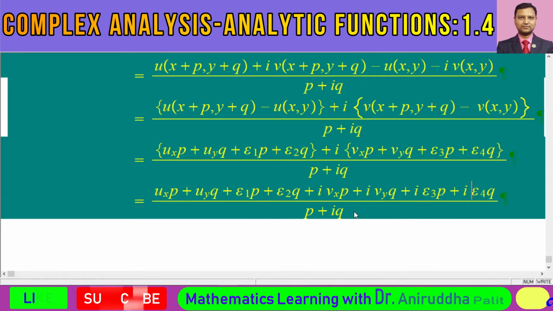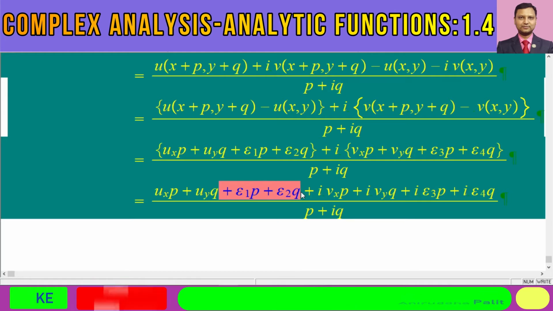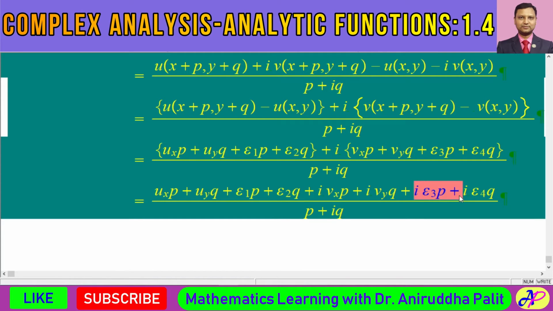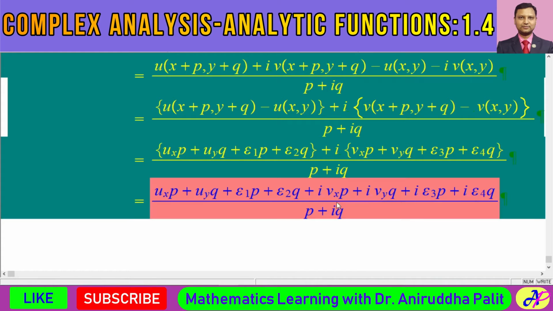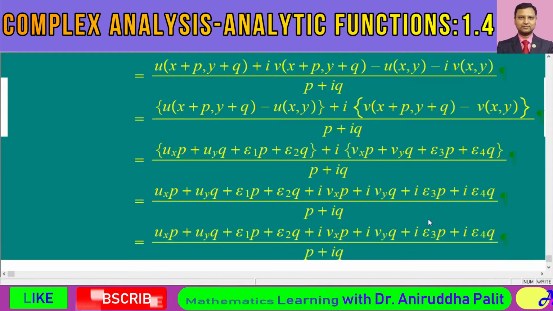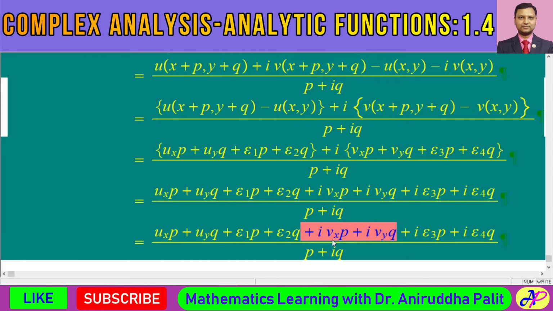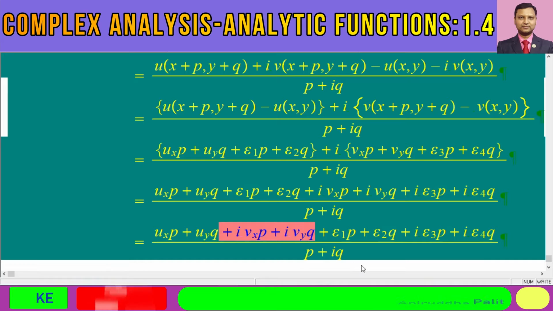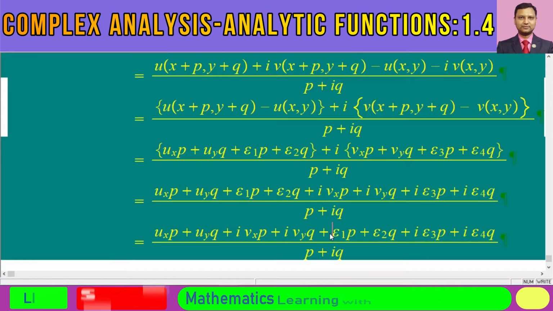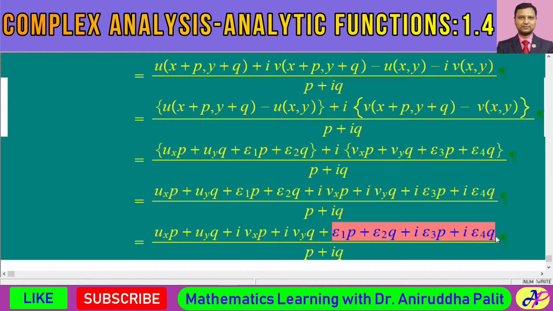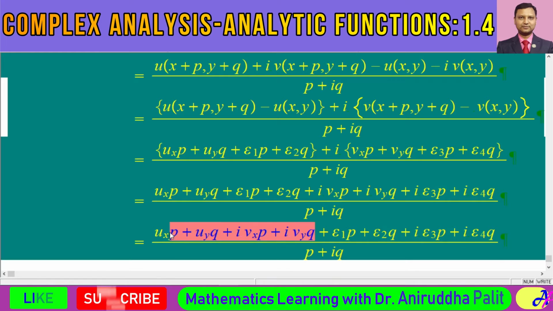I am trying to identify all the terms which do not contain epsilon. So I'm trying to separate these two terms and these two terms, because these four terms are epsilon related terms, and these other four terms are free of epsilon. So let me copy and paste in the next line. Over here, this is the term, and I'm just shifting it over here. These four terms do not depend upon epsilon, and these remaining terms are dependent upon epsilon. Now you see, look at these four terms.